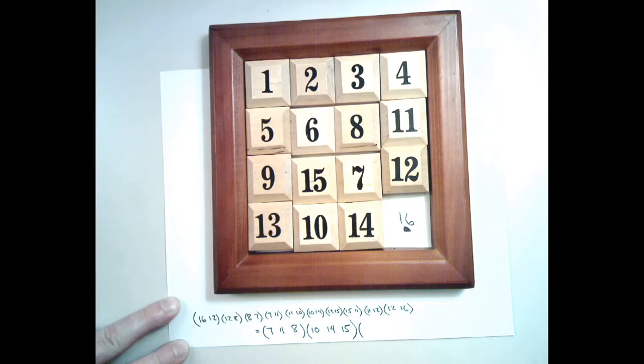Let's see, what's the next number I've not hit yet? I think 12. 12 goes to 16. Stays. And then 16 goes to 12. So it looks like 12 stays fixed. 13, do we have 13 showing up?